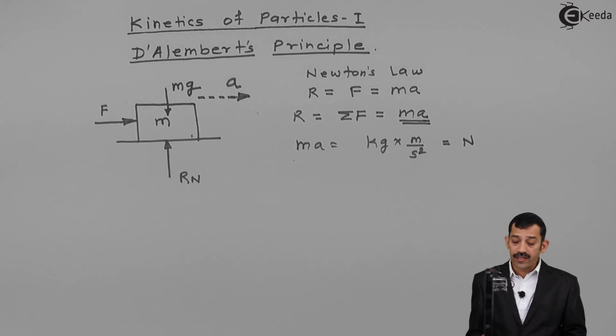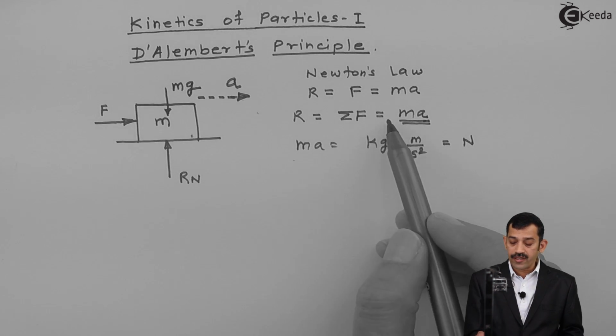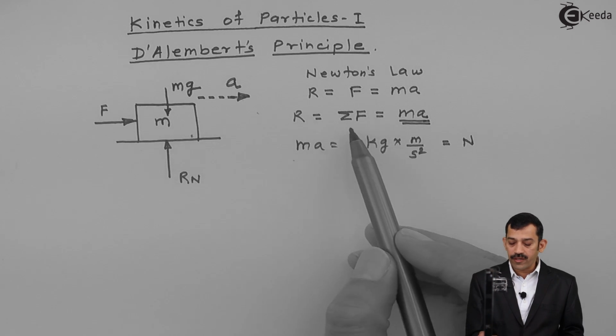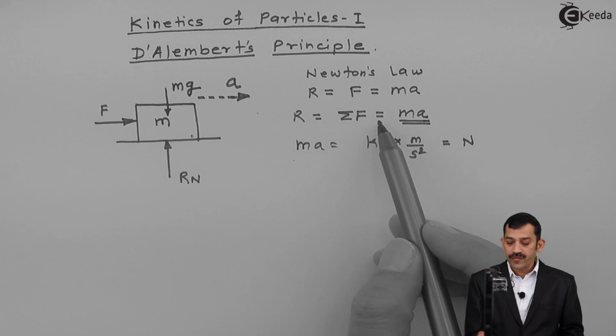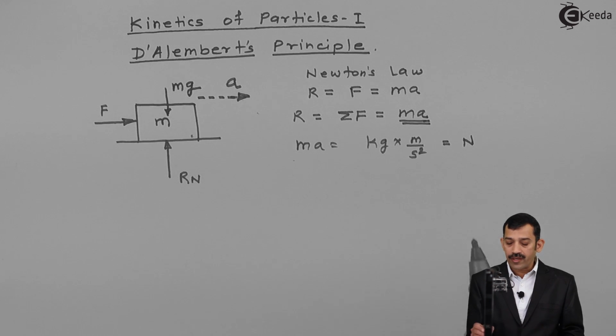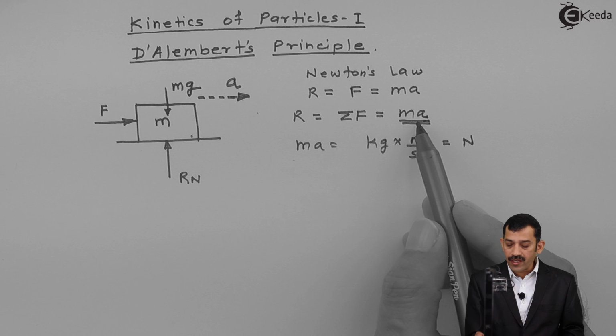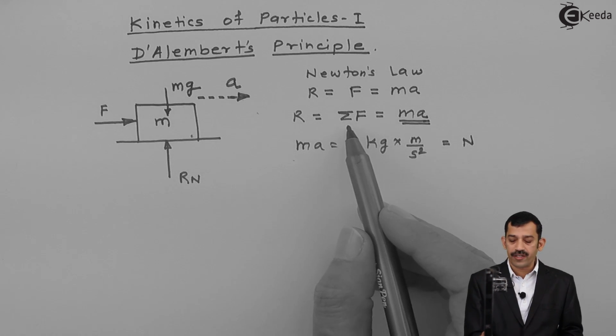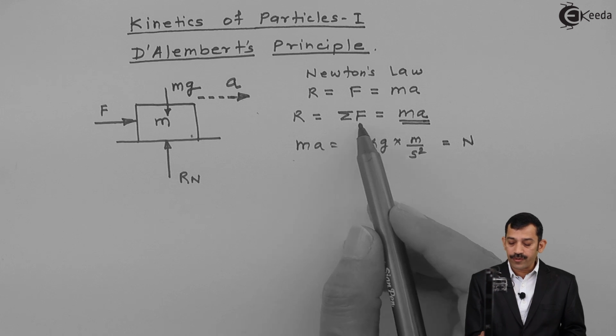Now when the body accelerates with acceleration a, the summation of all forces is equal to mass into acceleration. Whatever resultant force acts on a body is equal to this force m into a, where this ma is also a force.